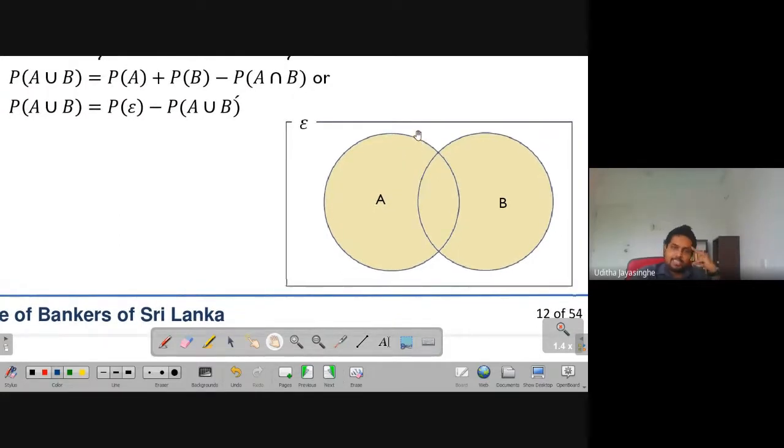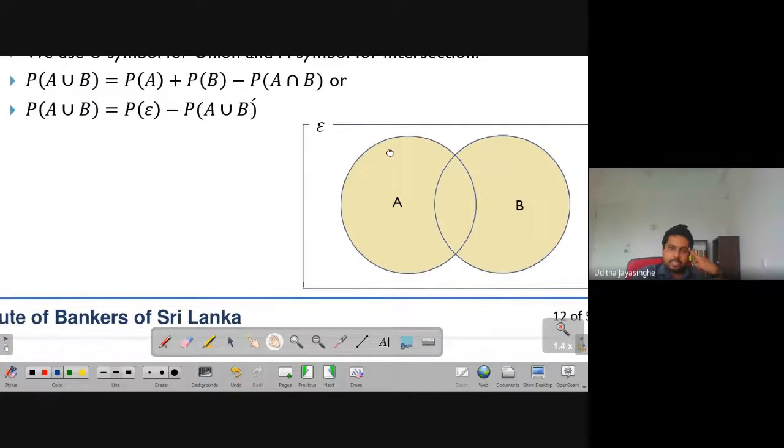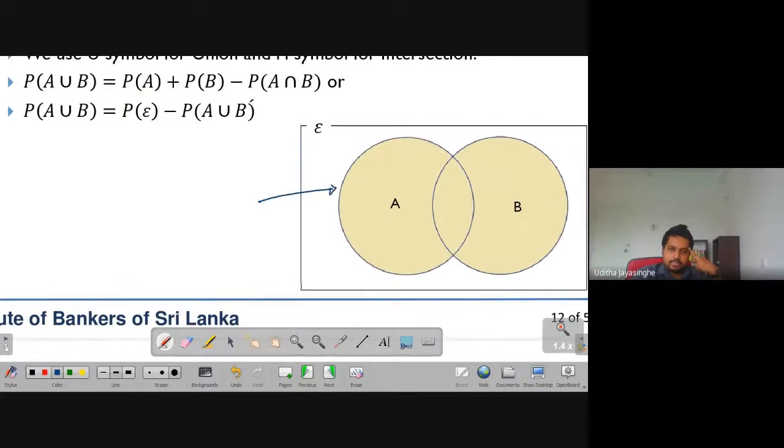This orange highlighted area is the answer for P(A ∪ B). Now, to calculate this, you can add these probabilities separately. If I take P(A), what is P(A)? This, sorry, different color pen. This P(A) is going to come from this particular area.